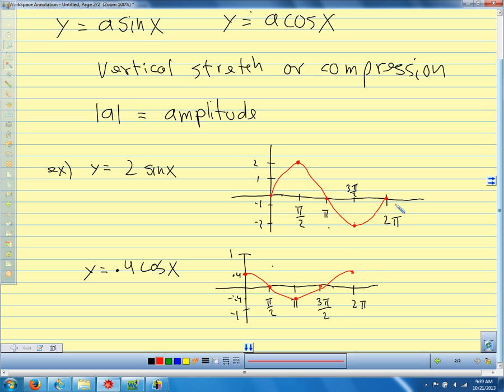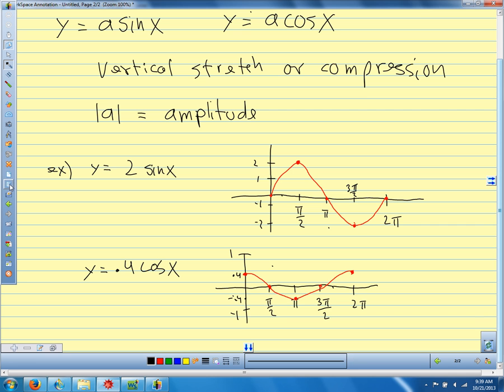And if I needed to continue, I could plot out points in pi over 2 increments and plot more points. So questions on changing the amplitude. And if A is negative, then our graph just flips over the x-axis. All right, that's pretty easy.